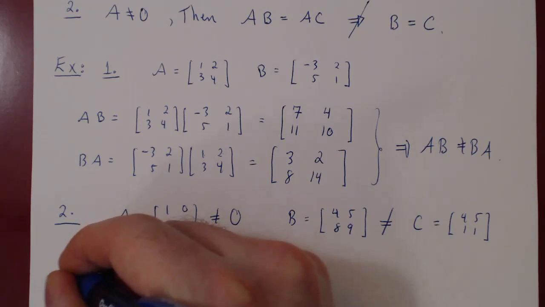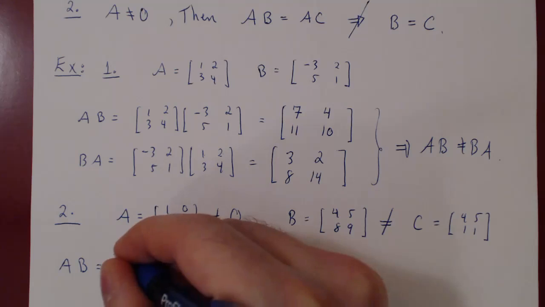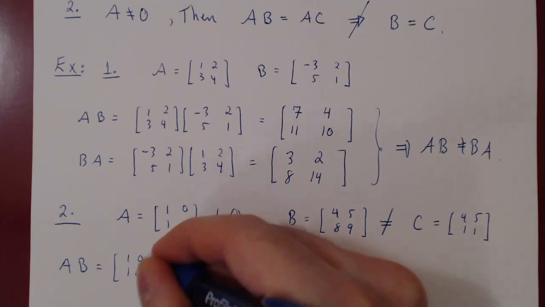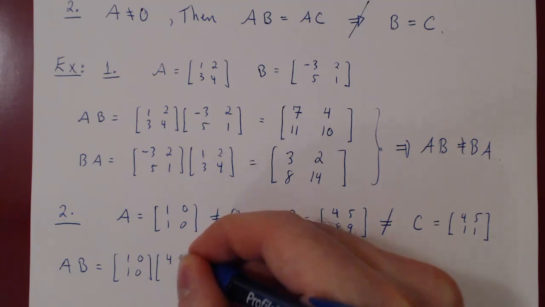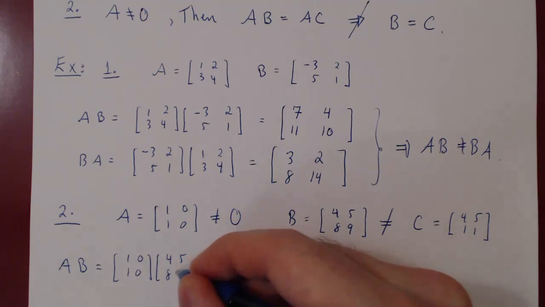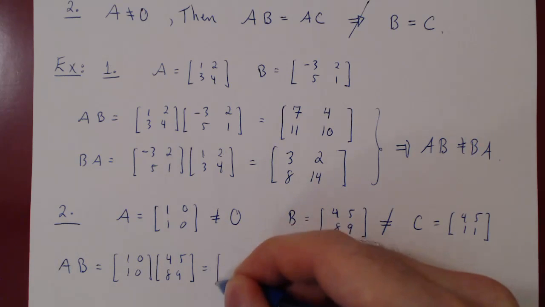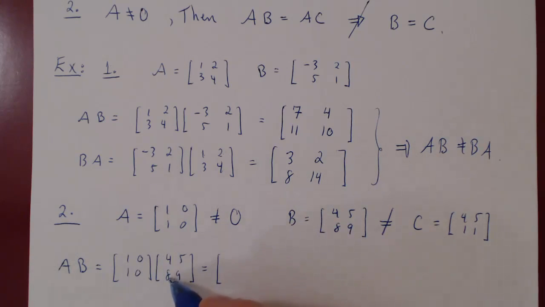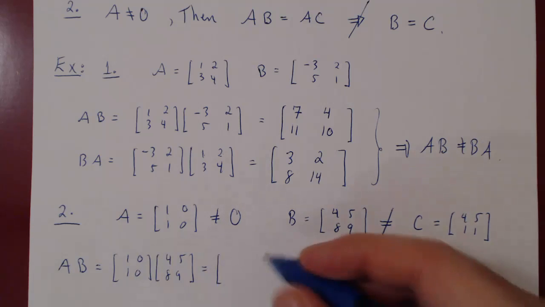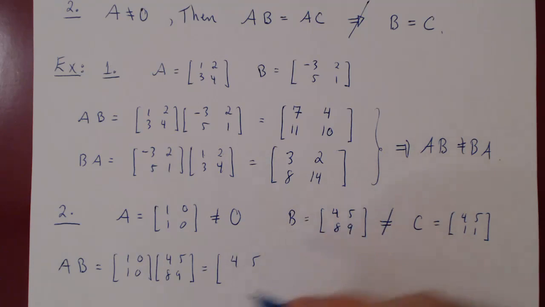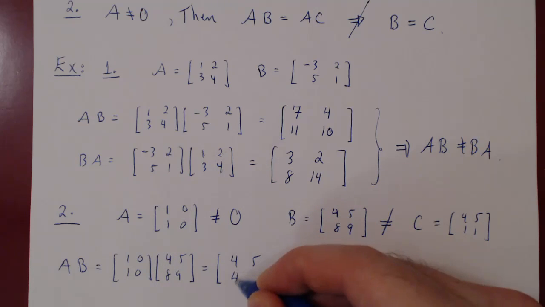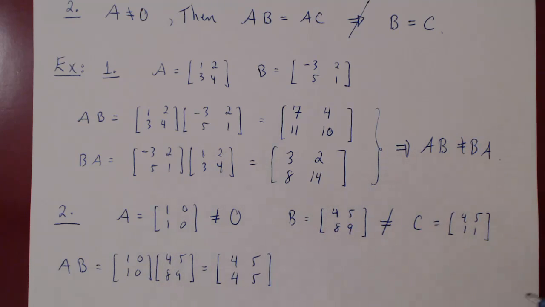Let's compute AB. You'll have 4 plus 0, 5 plus 0, so it's going to be 4, 5. Then same thing, same row times the same two columns will give you the same row again. And therefore you have the matrix 4, 5, 4, 5.